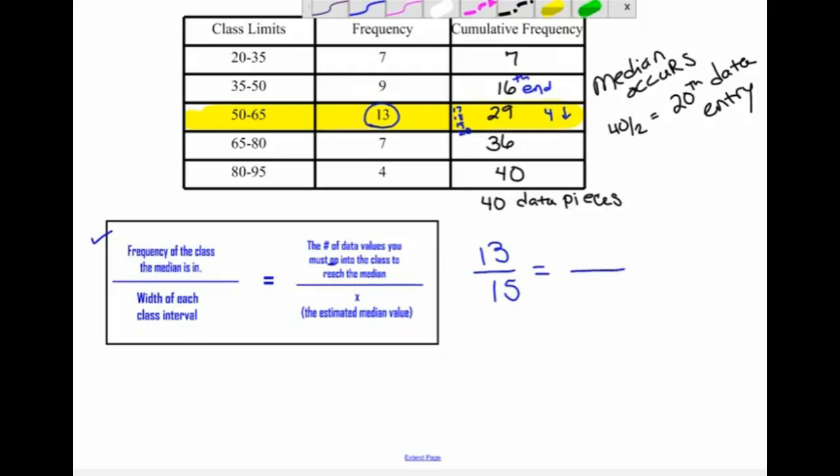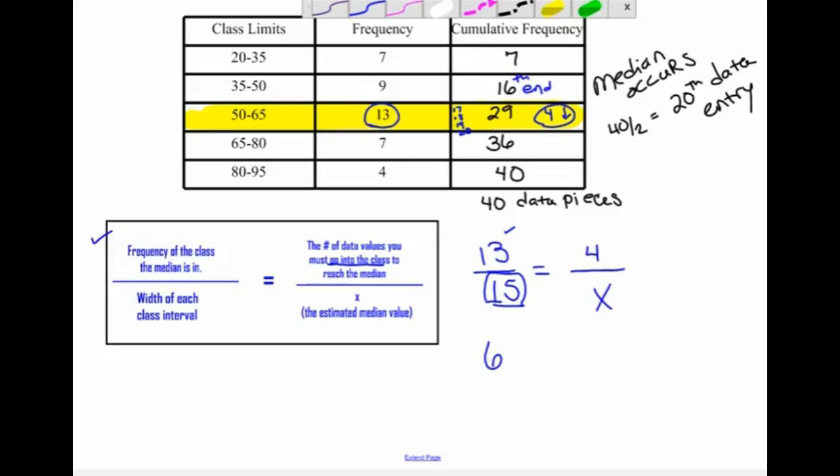I need to go into the class 4 data pieces that we just looked at. And then I want to know basically how much value that would take up. So really what we're doing is there were 13 data pieces spread over a width of 15. How much would each data piece be worth? And that's really what this proportion is setting up.